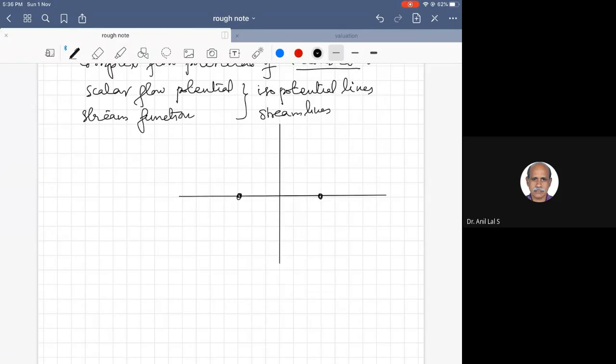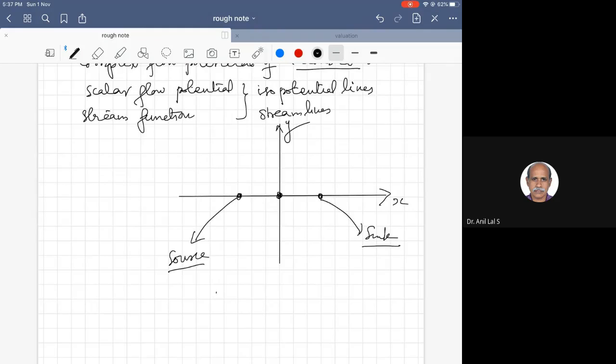For this derivation, we will have the midpoint of the centers of the source and sink coinciding with the origin of the Cartesian coordinate system xy.